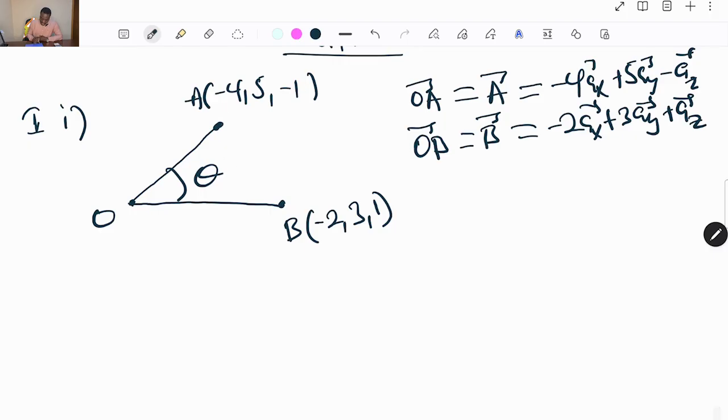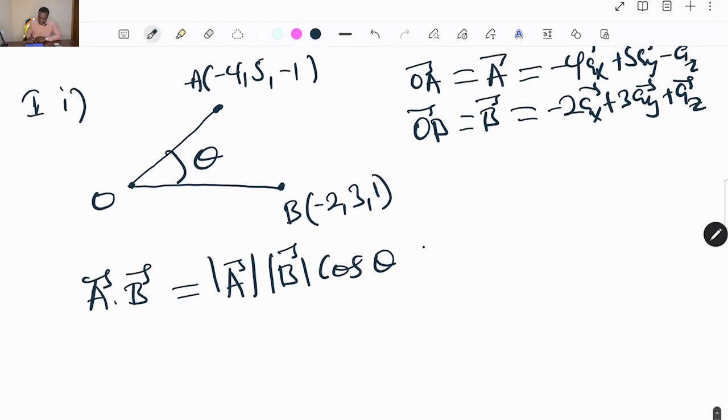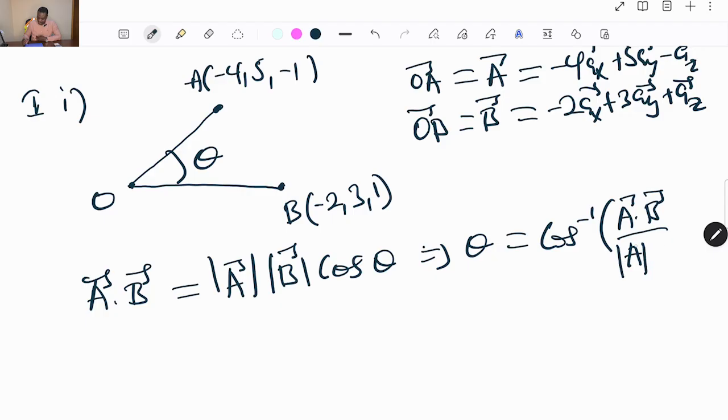If you take the dot product, vector A dot vector B is equal to the product of the magnitudes of both vectors times the cosine of the angle between A and B. So based on this, we can make theta the subject. We get theta equals cos inverse of vector A dot vector B over magnitude of vector A times magnitude of vector B.